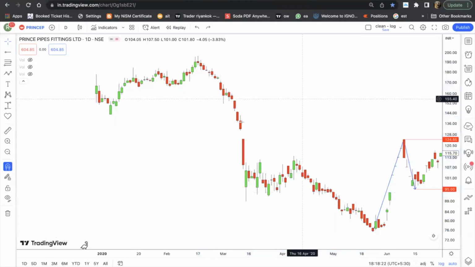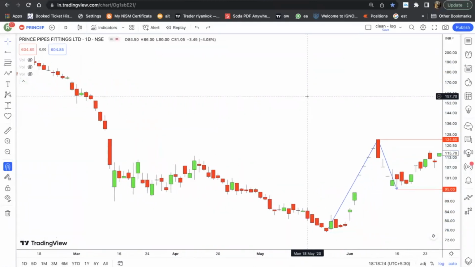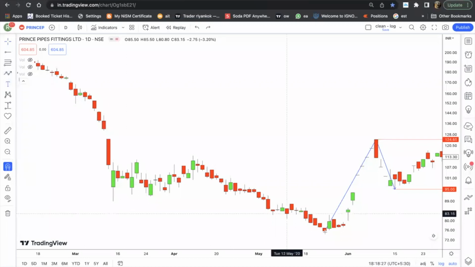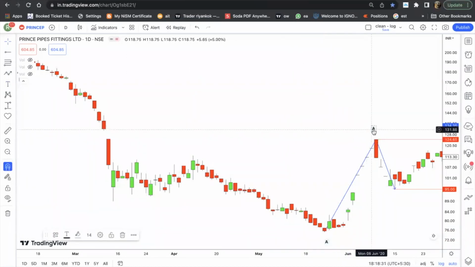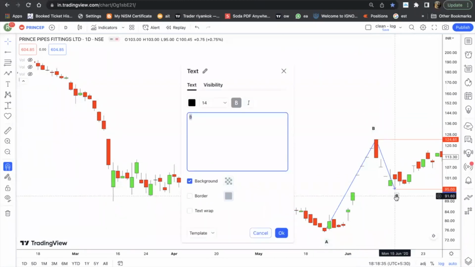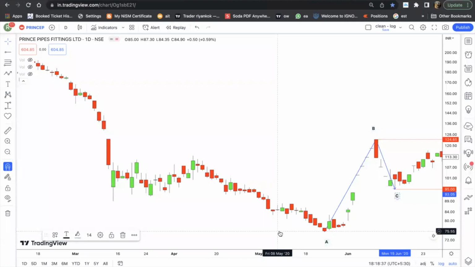So now the first ABC breakout which happened, this was right here. This was point number A. This was point number B. And this was point number C. So you need to remember by thumb rule that if any new IPO is coming and the first ABC breakout pattern is happening, I need to trade that first ABC breakout.